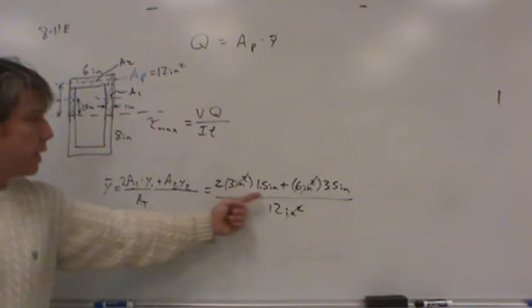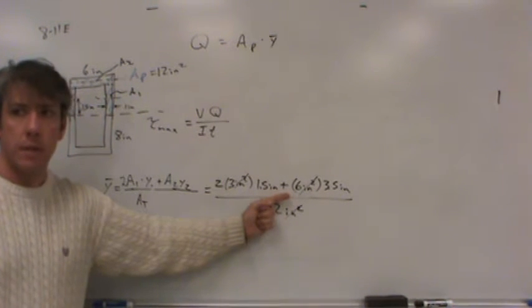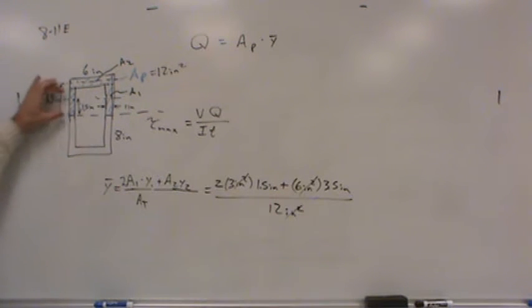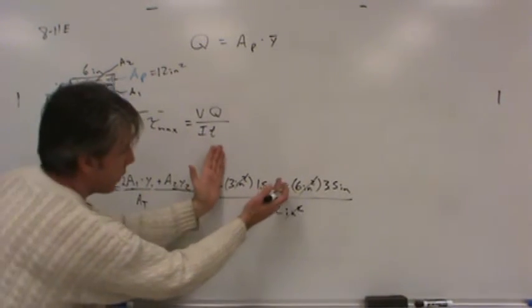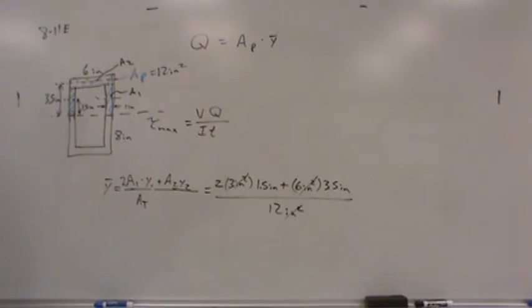Why do I have a 2 here and not a 2 there? There's 2 of them, 2 sides. Rather than adding another term that looks just like that, I just multiplied it by 2. So put this in your calculator, and I hope we get a number bigger than 2 inches. Let's see what we get.